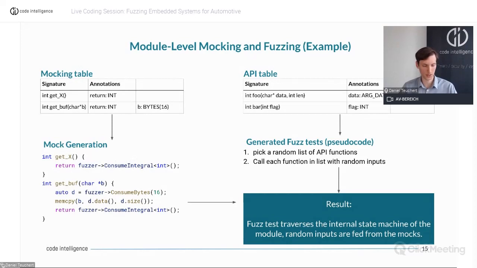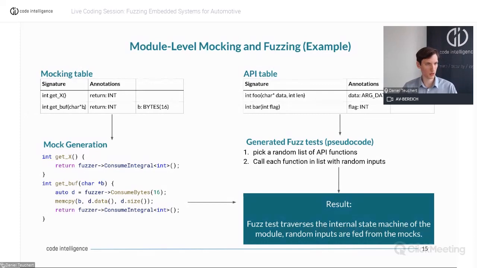What this does basically is from our fuzzing data, we consume an integral. So the fuzzing data usually is just a buffer of bytes, but we want to return an integer. So from our fuzzing data, we take one integer, and whenever this function is called, we just return the integer. So if we call this function twice, it might return 2 different values.